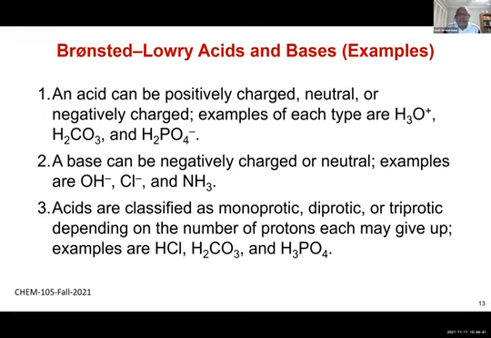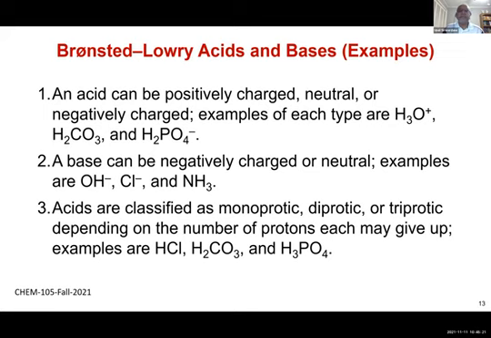Carbonic acid, H2CO3, forms when you dissolve carbon dioxide in water. It has two acidic protons, so it's diprotic. Phosphoric acid, H3PO4, is triprotic. Normally, the number of acidic protons is written on the right side. Acetic acid is monoprotic. Let's not talk about acetic acid right now.